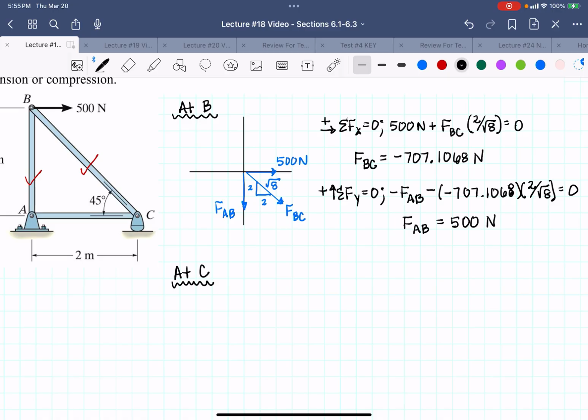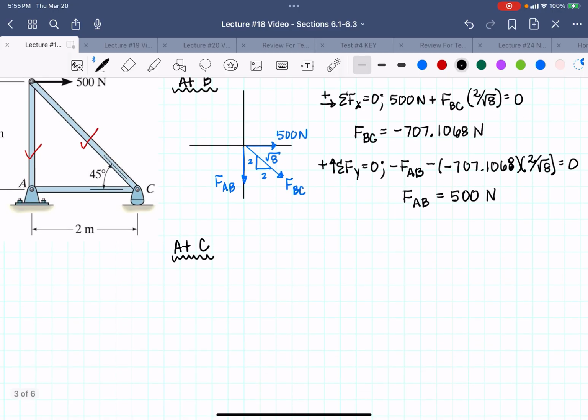So when I draw this, I'm going to have a reaction of C in the y direction from that rocker. And I'm not going to solve for it this time, even though I could, because I can do 2 unknowns at each intersection. But I'm going to draw my axes.